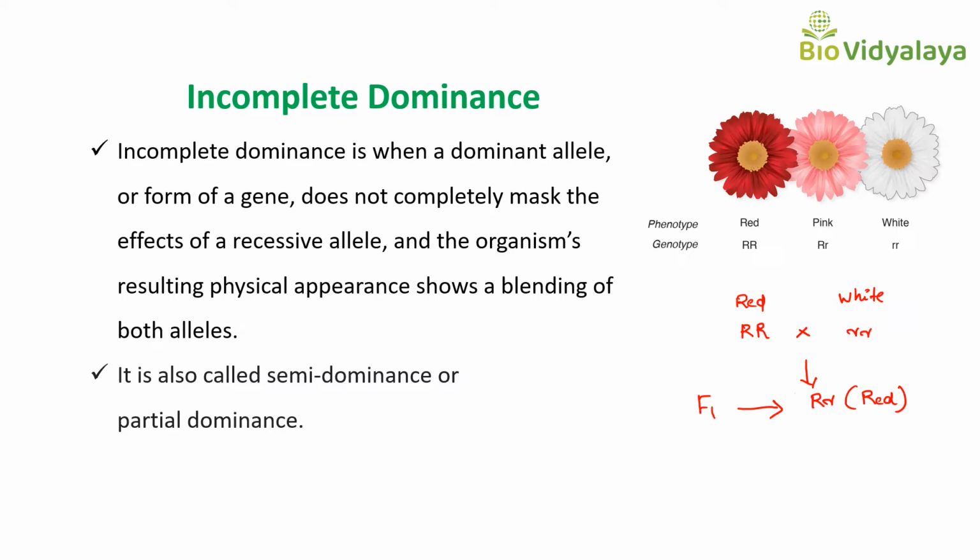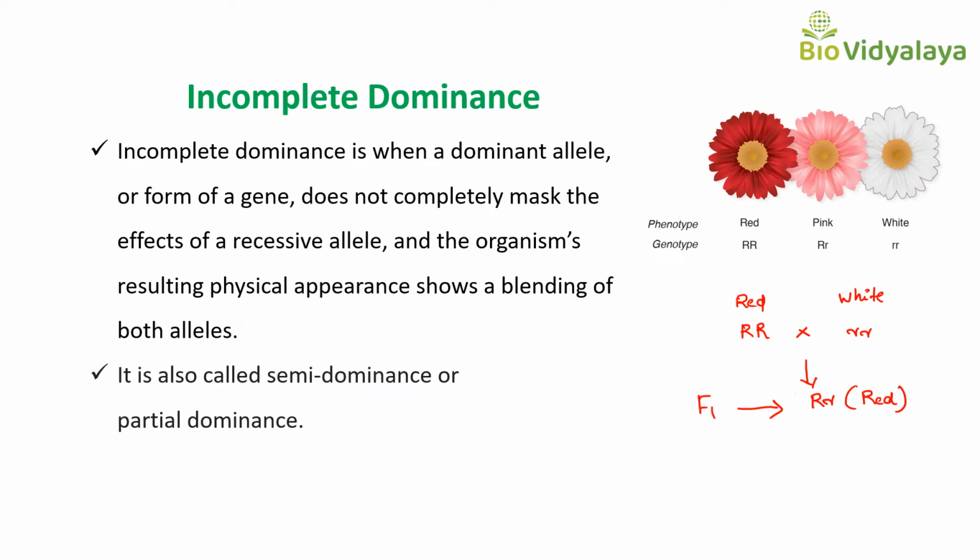In the case of incomplete dominance and codominance, two versions of the gene, that means the alleles, interact with each other and produce another trait, a third phenotype, that is neither dominant nor recessive trait.